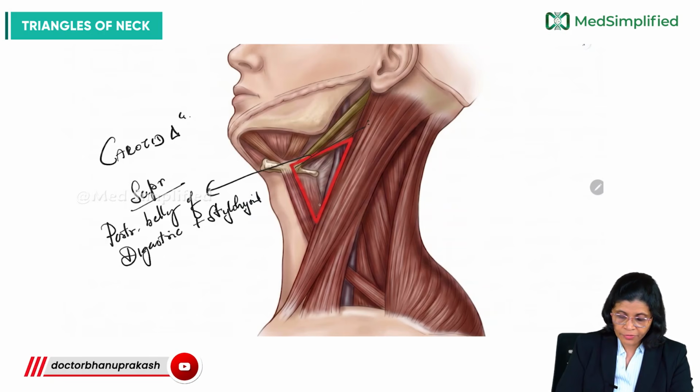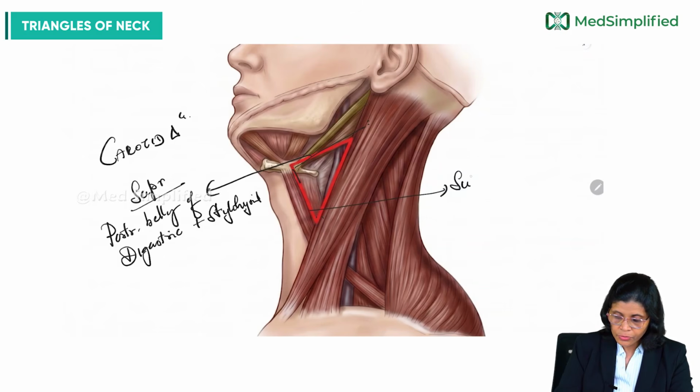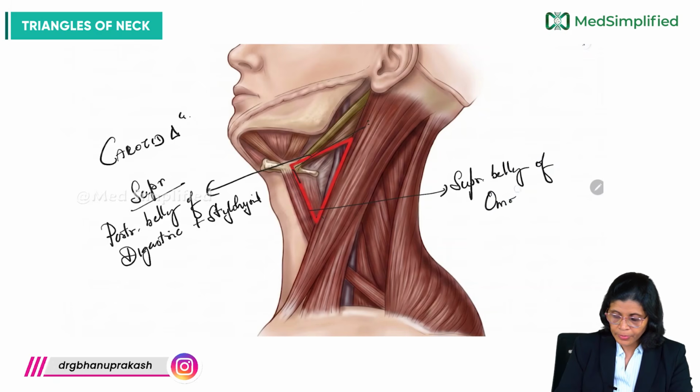Whereas anterior-inferiorly we have the superior belly of omohyoid. So that forms the antero-inferior border.